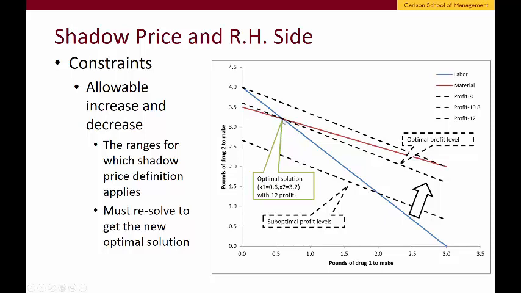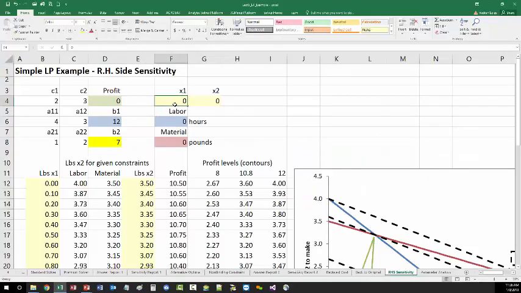So it's more towards the top left, because now we have more material available. We can produce more of the higher margin product, drug 2, from 2.4 to 3.2, and this one's reduced from 1.2 to 0.6, for the increased profit of, I guess, $10.8.